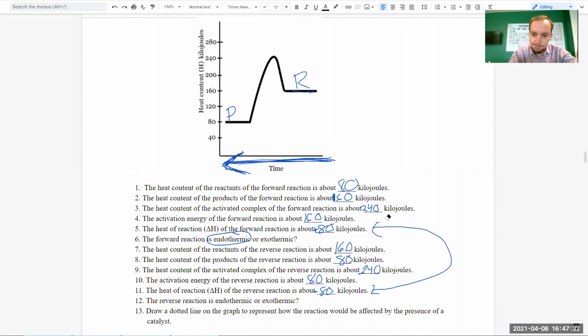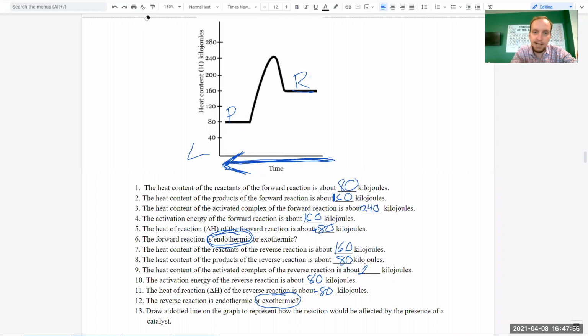You get the idea. All right, so then number 12, it says the reverse reaction from right to left. Is it endo or exothermic? Remember, it's going in this way, so we are losing energy, which of course will be the opposite of the forward reaction.